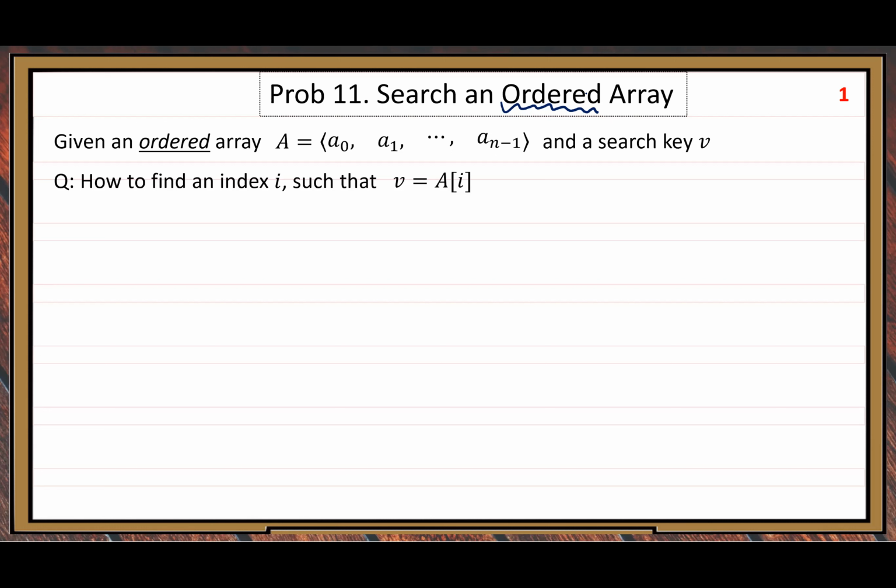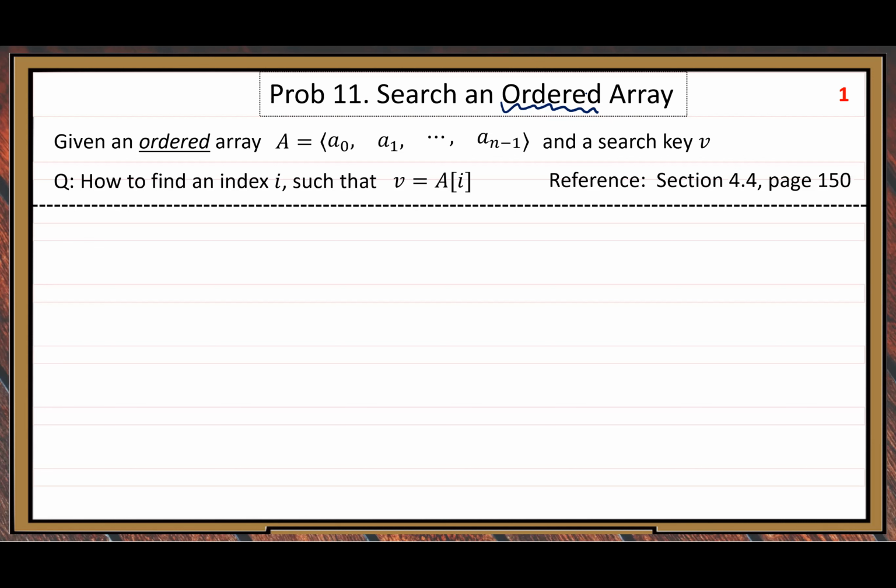The only difference is we changed the word unordered to ordered array. Only one word changed. So we get this problem number 11. So the main question is we need to find a solution by taking advantage of this new property.